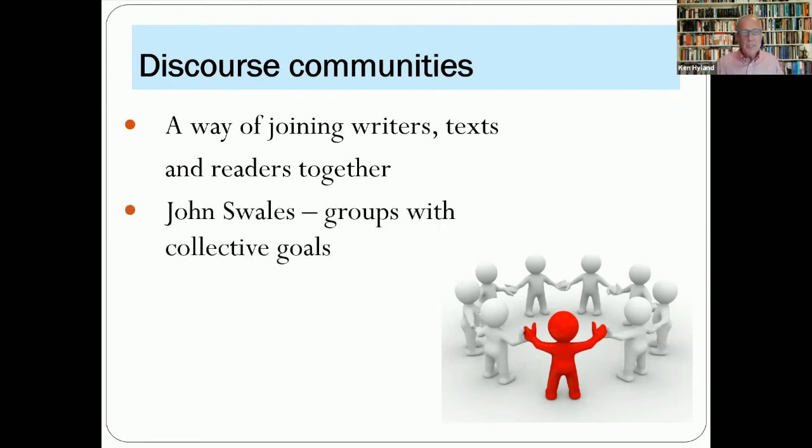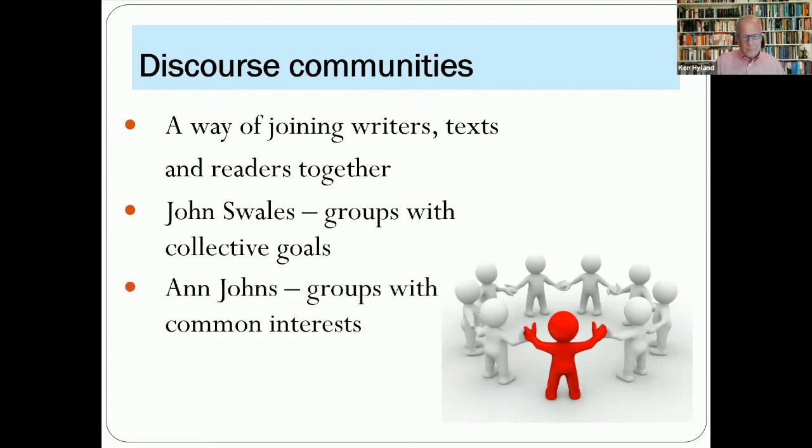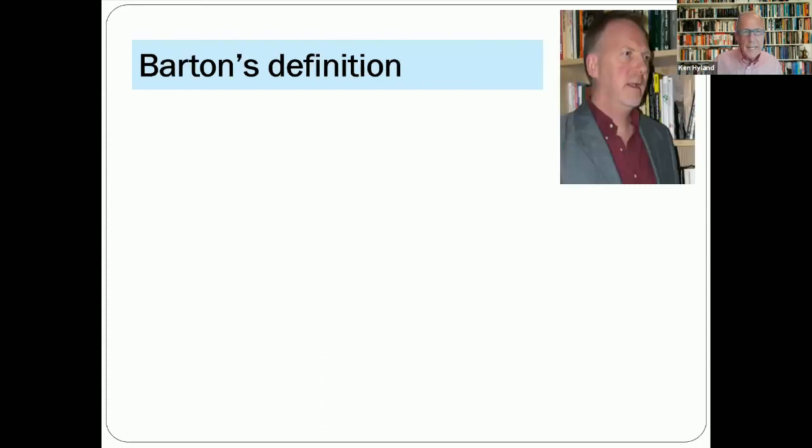John Swales, for example, sees discourse communities as groups who have collective goals, and John's suggests that they have common interests rather than goals. David Barton's definition is looser again.